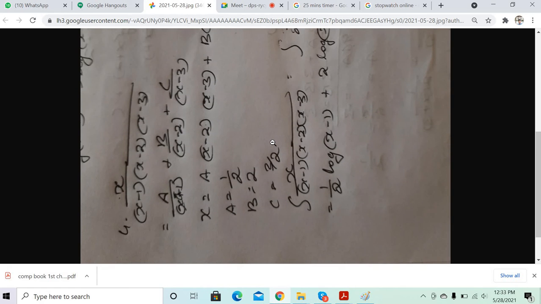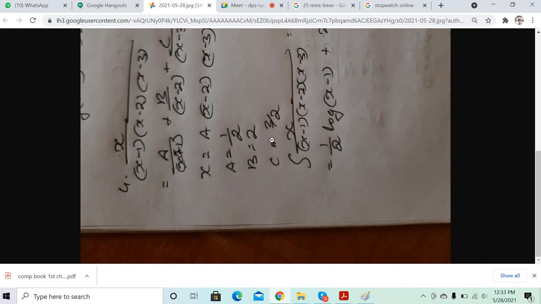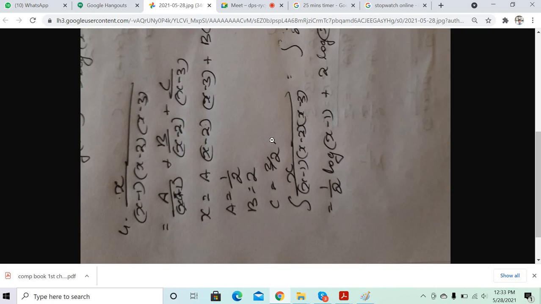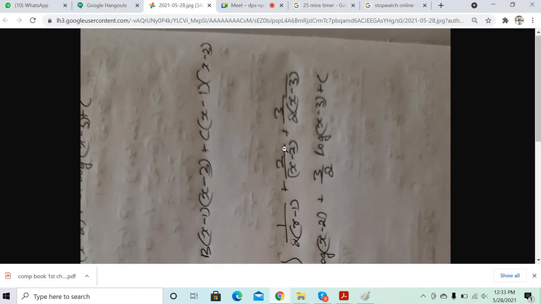Good. So you did this part. A is equal to 1 by 2. One moment.